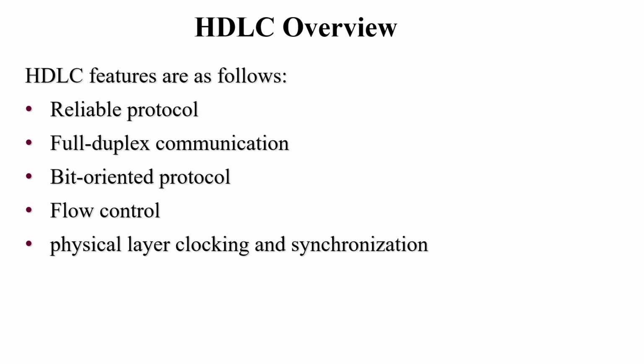It supports selective repeat or go-back-N ARQ for error handling and provides full-duplex communication, allowing transmission and reception simultaneously. Being bit-oriented, HDLC uses bit stuffing to handle flag patterns in data.